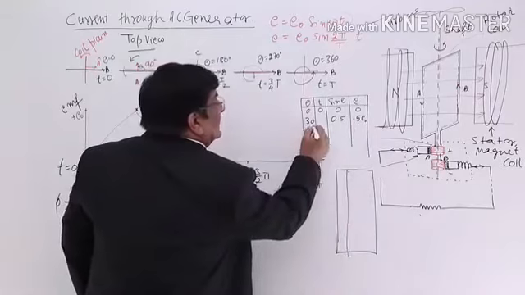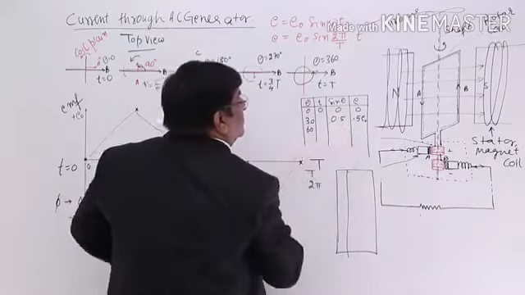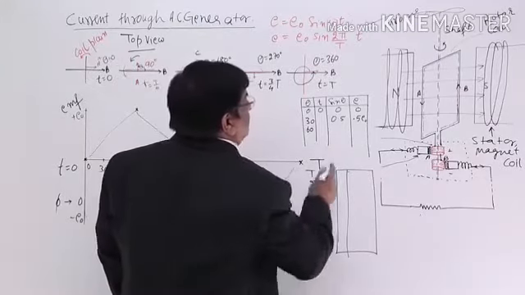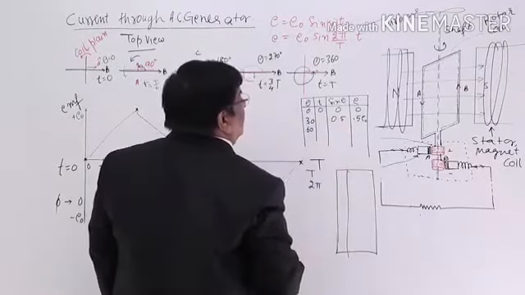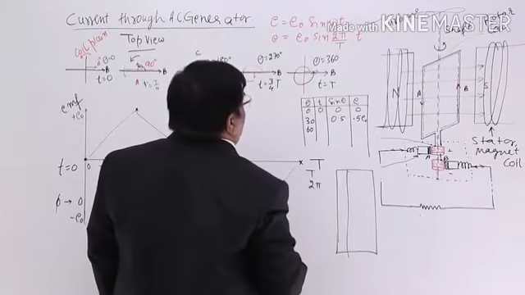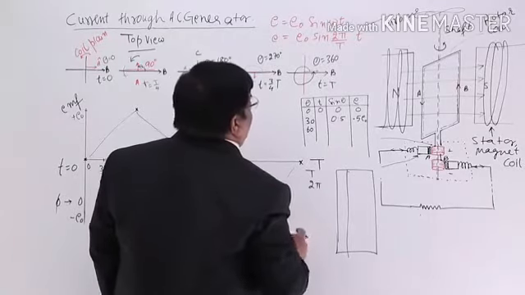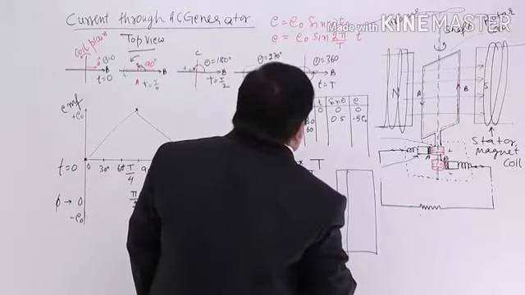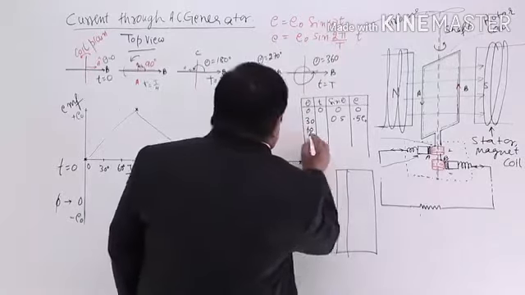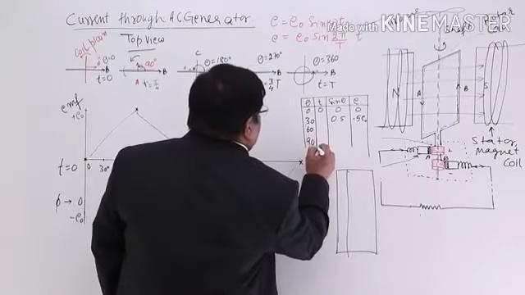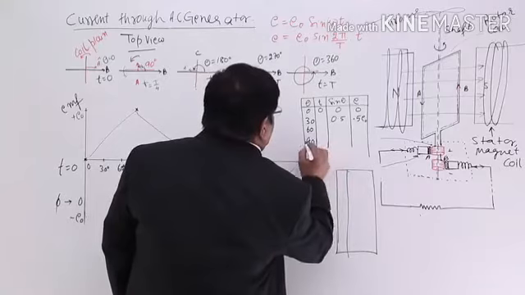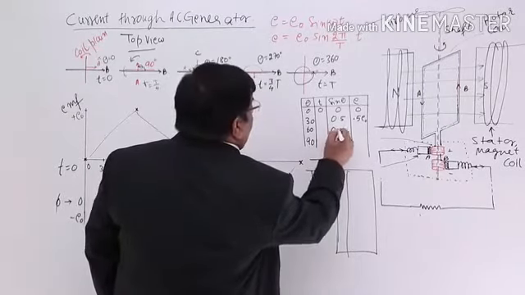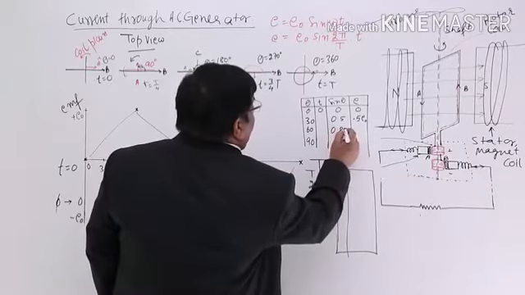At 60 degree, sine 60 is root 3 by 2, which is about 0.85.